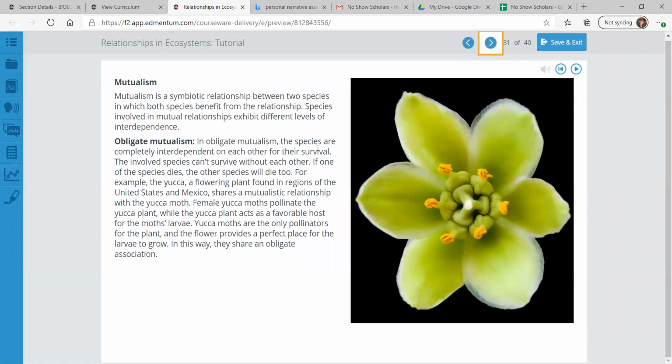Female yucca moths pollinate the yucca plant, while the yucca plant acts as a favorable host for the moth's larvae. Yucca moths are the only pollinators for the plant, and the flower provides a perfect place for the larva to grow. In this way, they share an obligate association.